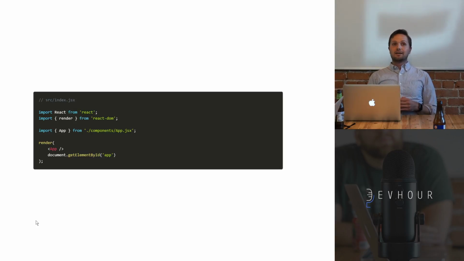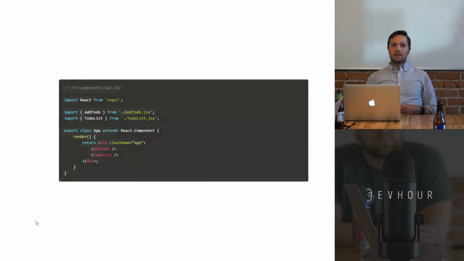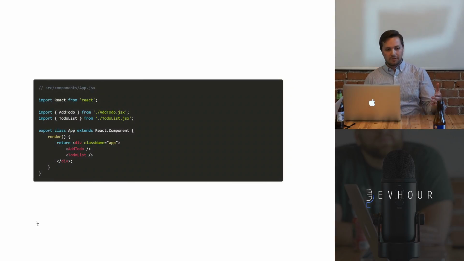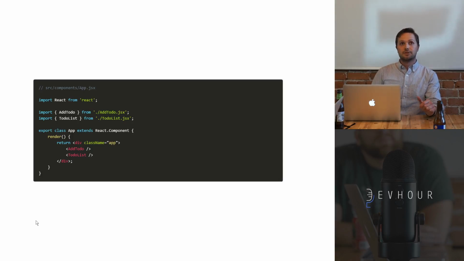We're not binding any data or any data store to it yet. We're just mapping out where our components want to be. Inside of that app component, like we talked about, we know that we want to be able to add new to-dos, and we want a to-do list that's going to be responsible for rendering all the to-dos that are in our data store.